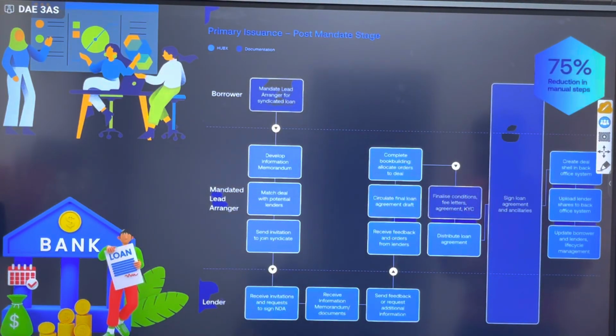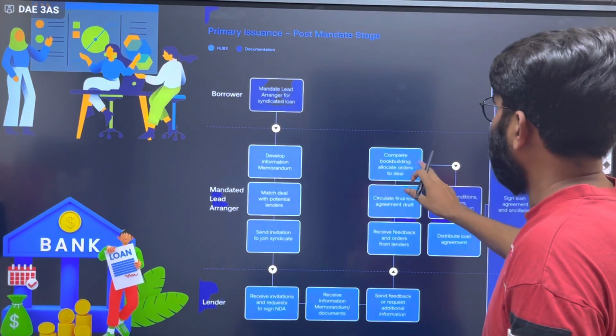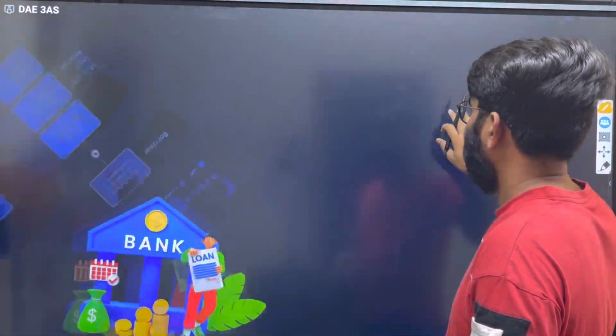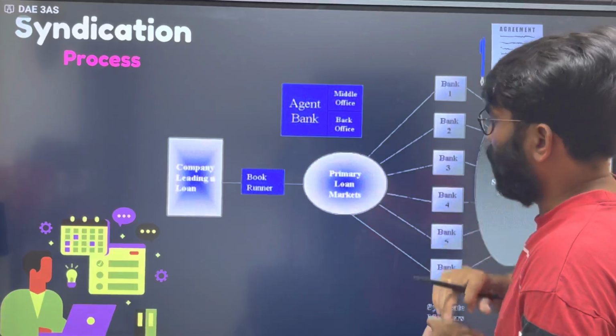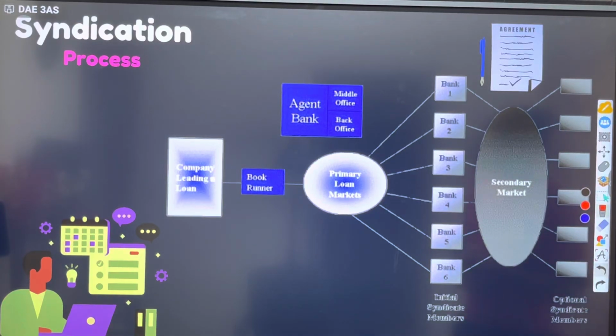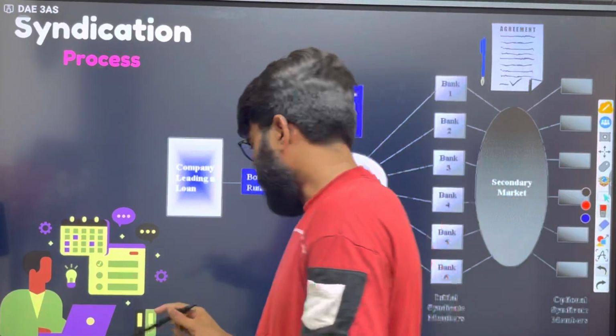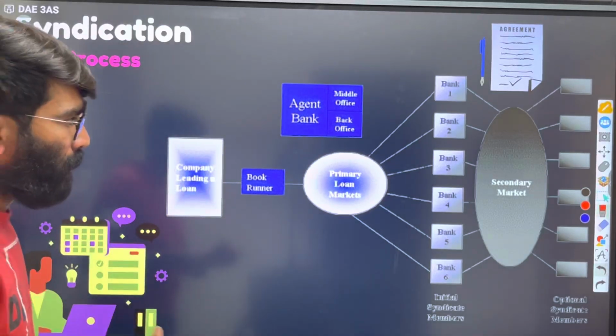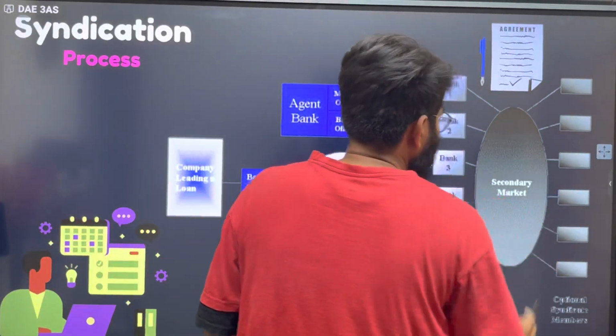Right, so how exactly does a loan work in a syndication process? I have this example again in the same line so that you can relate. Let's take another example to explain the same thing.